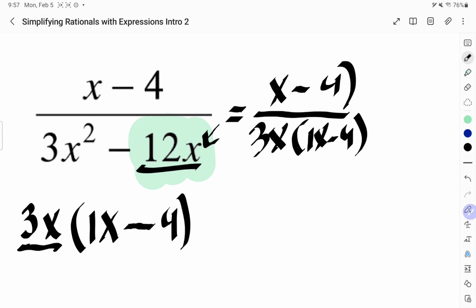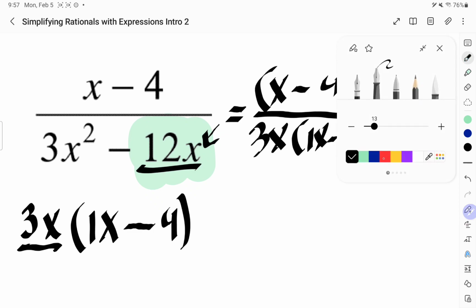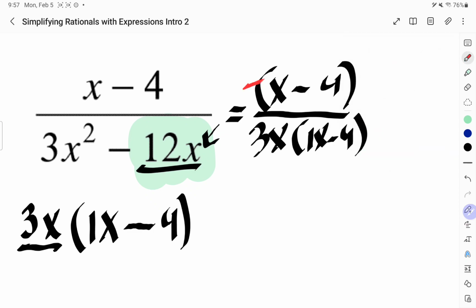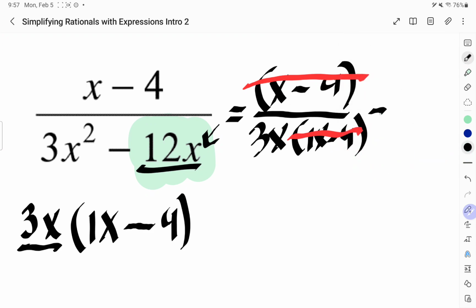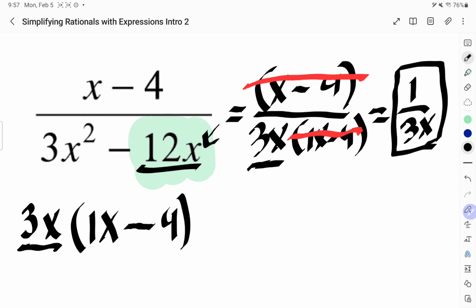Now I'm going to put the top one in parentheses because I want you guys to notice something. I'm going to be able to cancel out this whole entire thing and this whole entire thing because they're the same thing. Also, I want you guys to realize that we have a fraction, and my 3x is going to be on the bottom of it. So that means I'm going to have to put 1 over 3x, and that's going to be my first answer for this one.